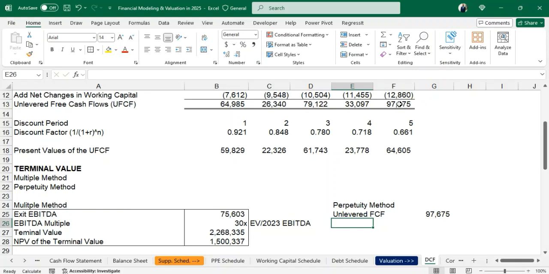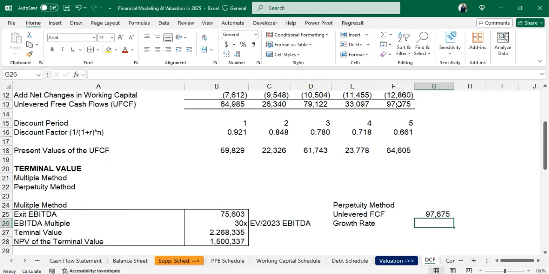Then we'll have our growth rate. Remember, we are only using the variables within the formula to do this. All right. So for the growth rate, it is an assumption we are making. And when making this assumption, you need to consider the life cycle of the particular business you are dealing with. If it is an emerging business, then you can use a growth rate that is quite high, not very high.